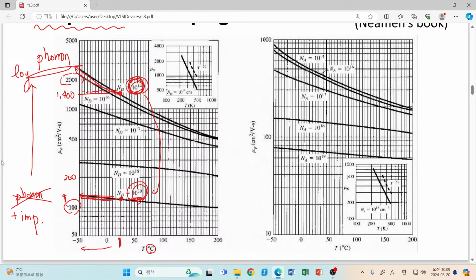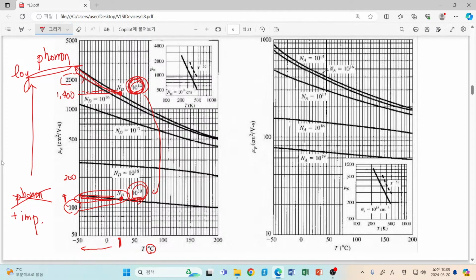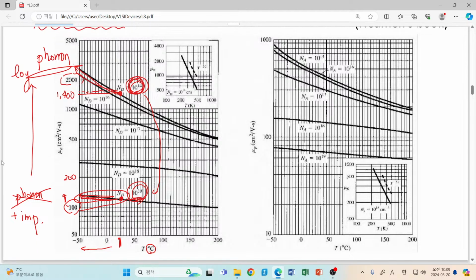So from the only slight improvement of your mobility when you cool down your highly doped sample, what we can say is that for a highly doped sample, the mobility is more or less dominated by the impurities, not phonons. Okay, then how can you model these competing mechanisms?